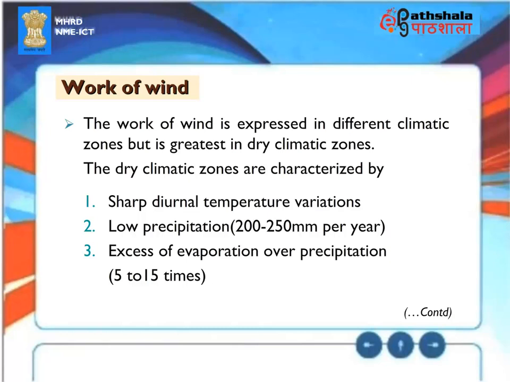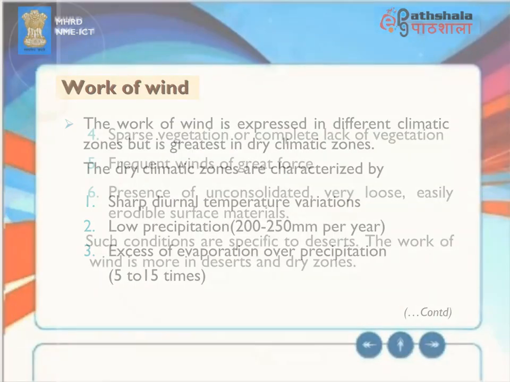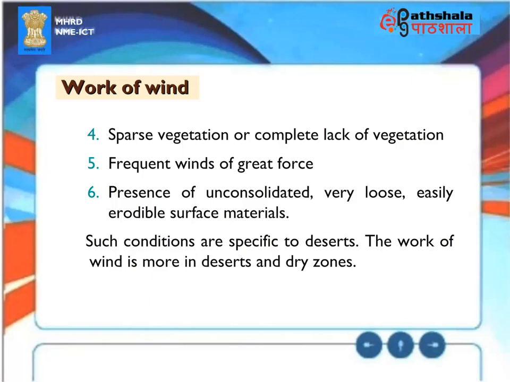The dry climatic zones are characterized by sharp diurnal temperature variations, low precipitation, 200 to 250 millimeters per year, excess of evaporation over precipitation, 5 to 15 times, sparse vegetation or complete lack of vegetation, frequent winds of great force, presence of unconsolidated, very loose, easily erodible surface materials. Such conditions are specific to deserts. The work of wind is more in deserts and dry zones.